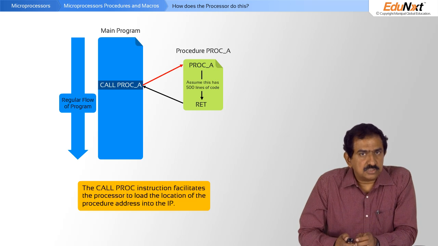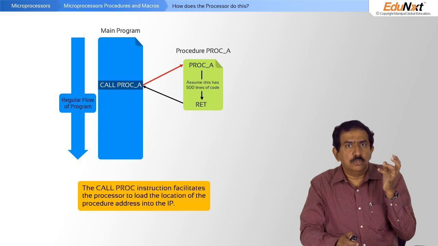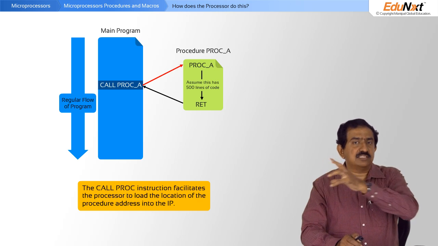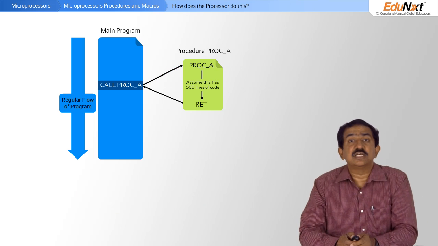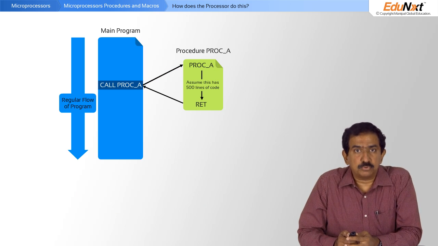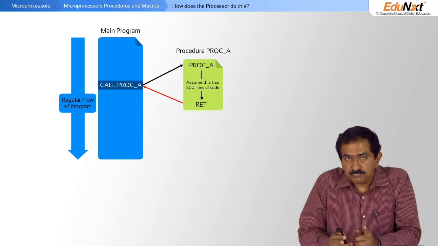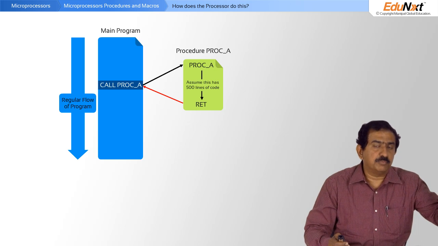As soon as the processor sees call proc, it loads the location of the procedure address into IP. The CS:IP now points to the location of the procedure. And when it comes to the return instruction, RET, it will come back to the original flow of the program.